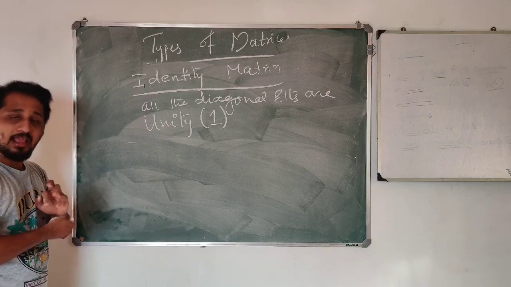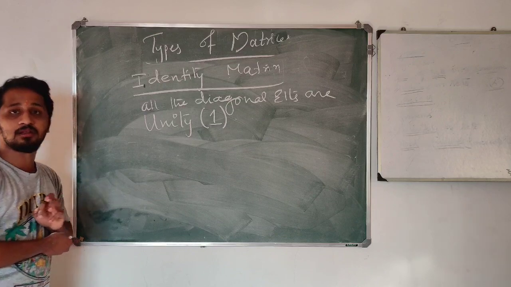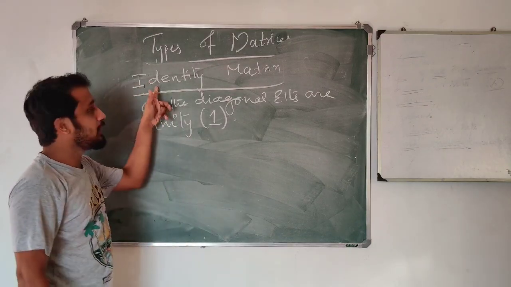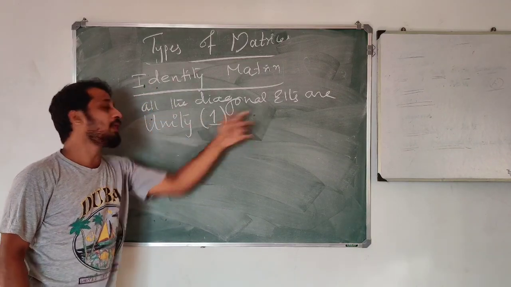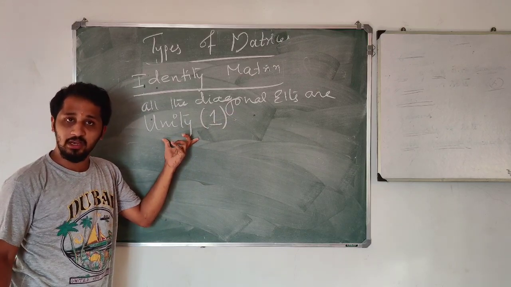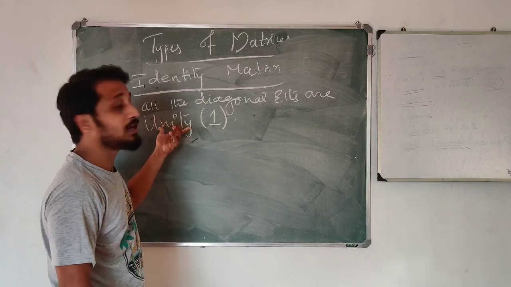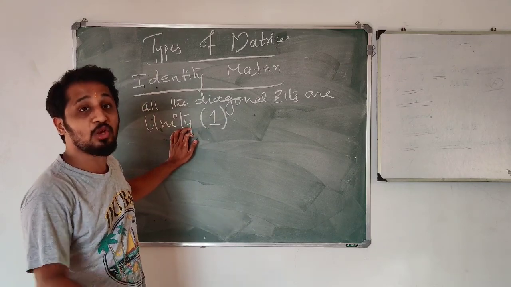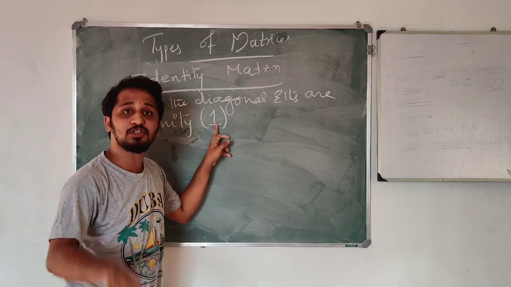A square matrix is said to be an identity matrix if all the diagonal elements are unity. Or like this also you can say, a diagonal matrix is said to be an identity matrix if all the diagonal elements are 1.